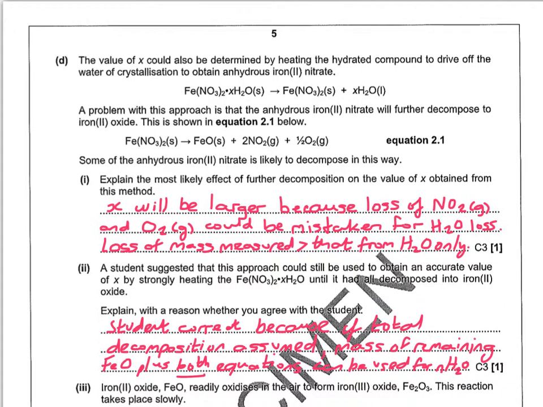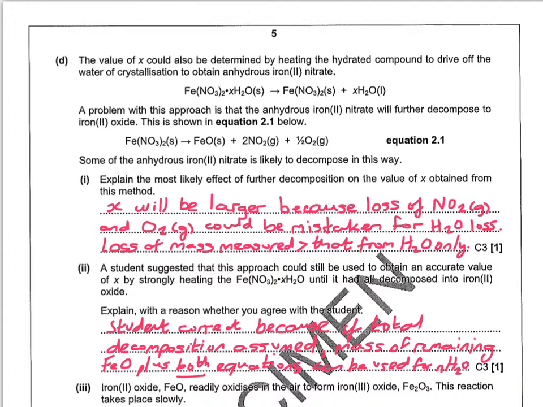So both equations together can be used to eliminate, using molar ratios, the amount of NO2 and the amount of half O2. So therefore you can work out the H2O that was actually lost initially.